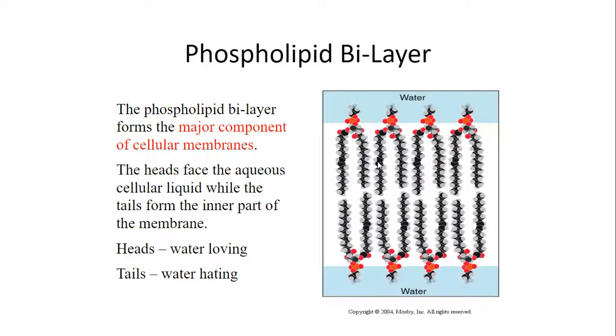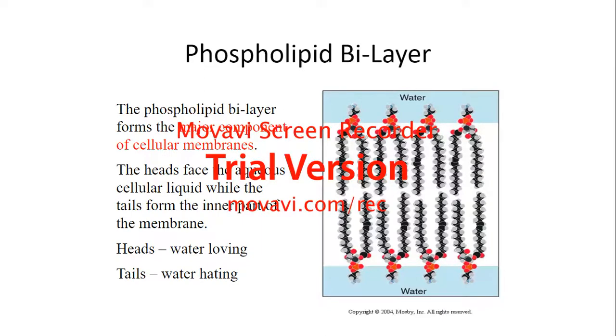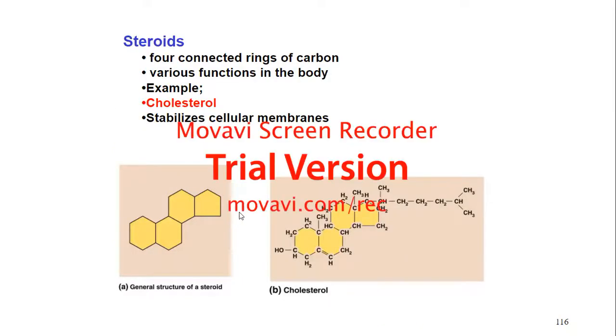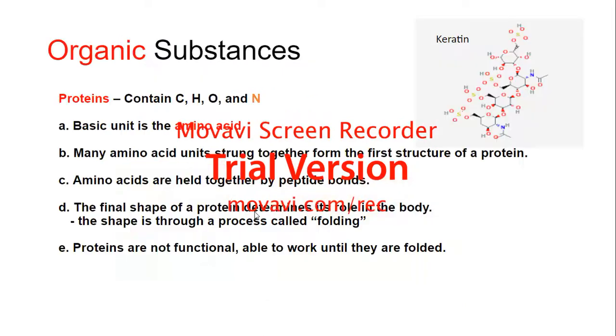So remember, you don't want the lipid bilayer to be too fluid, but you also don't want it to be too stiff. So there's a good balance that you want. The cholesterol keeps it from being too fluid, too loose. It forms little kinks in between the lipids that makes the lipid bilayer more firm. Okay, so that's how it stabilizes the cell membranes.